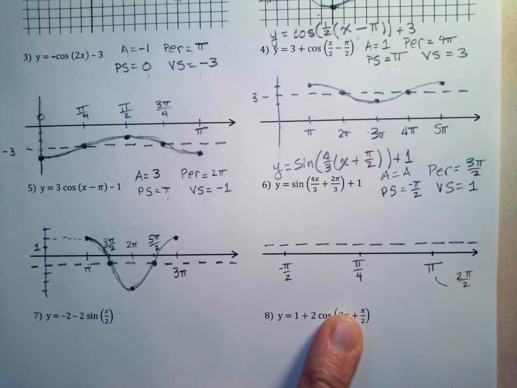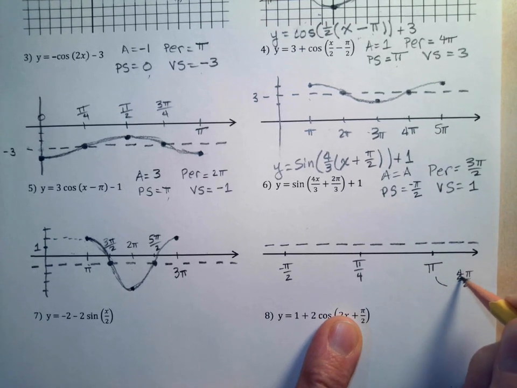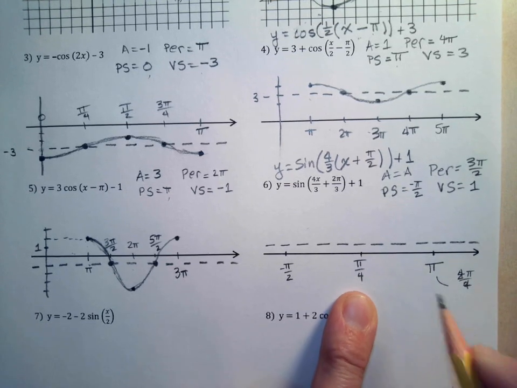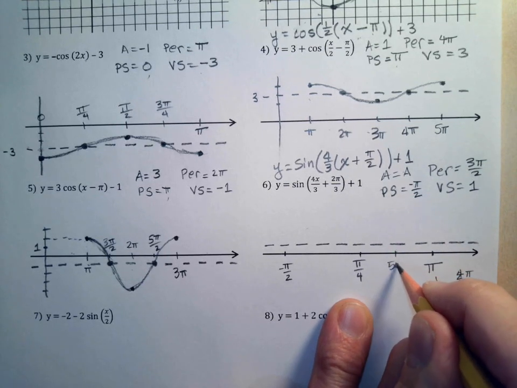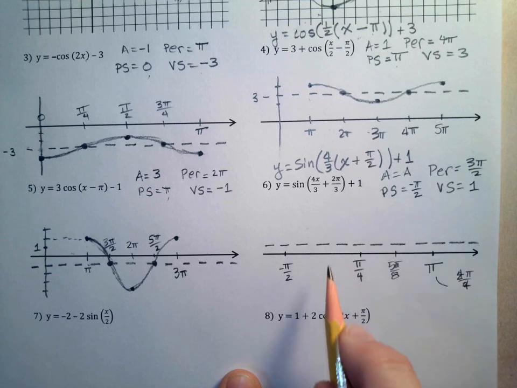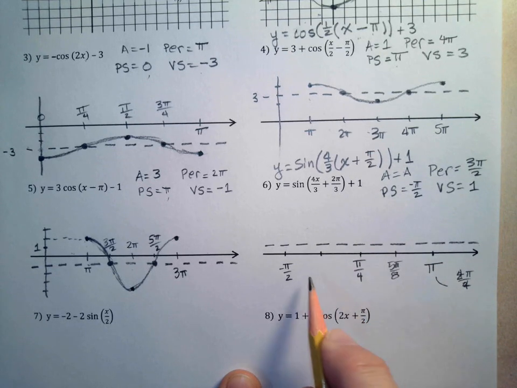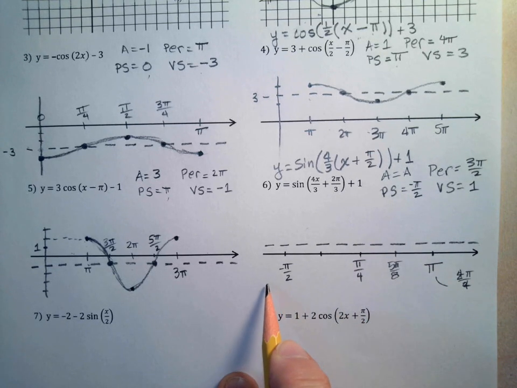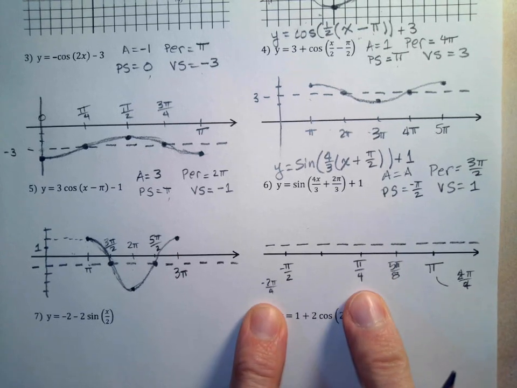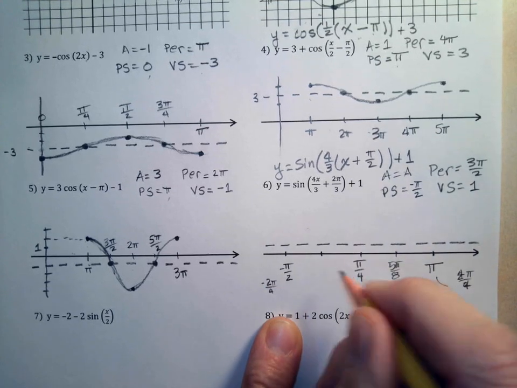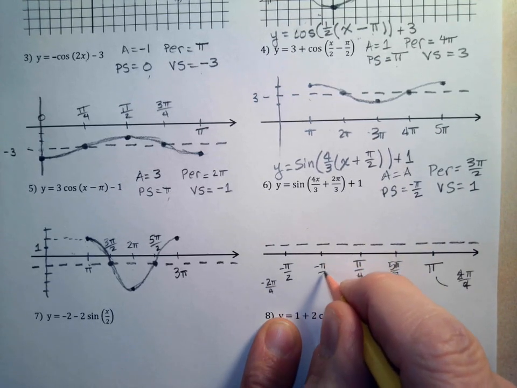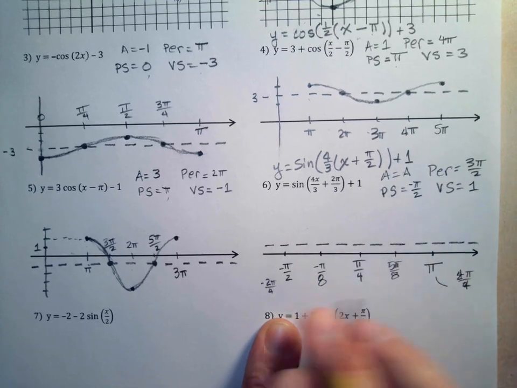All right, and then of course now it's nice to think of this as 4 pi over 4, and that gives us halfway between 5 pi over 8, and then halfway between these is, again, think of this one as negative 2 pi over 4, so that we can add these and divide by 2. So that gives us negative pi over 8. Okay, so that kind of helps us.